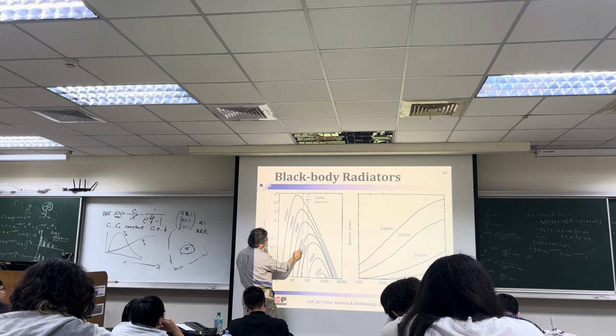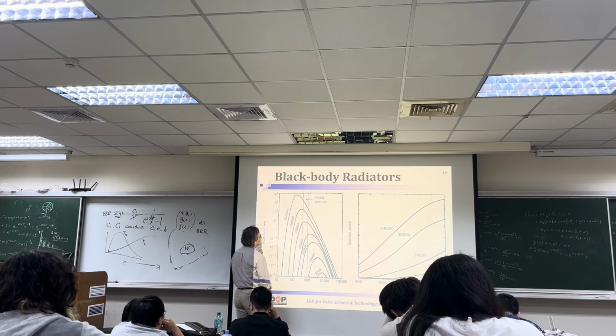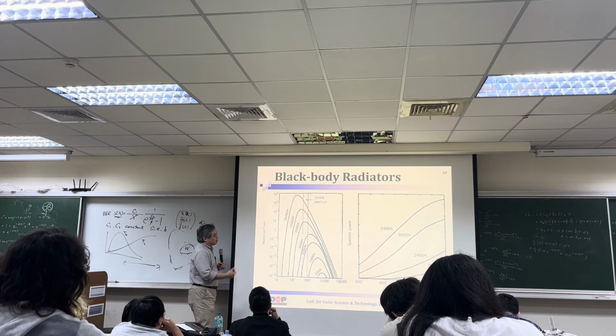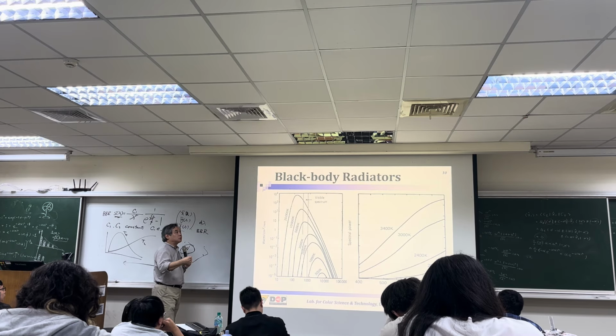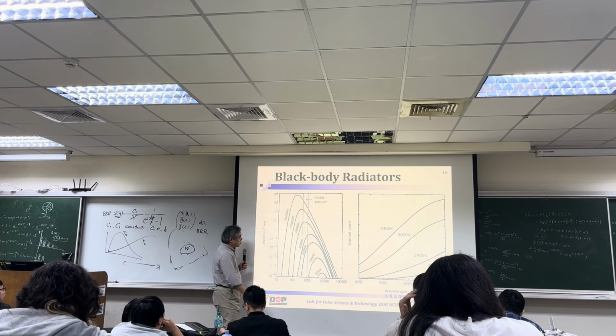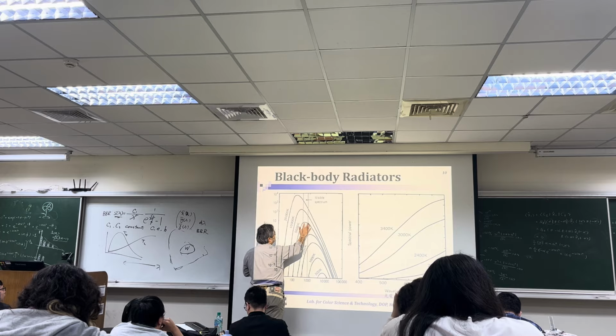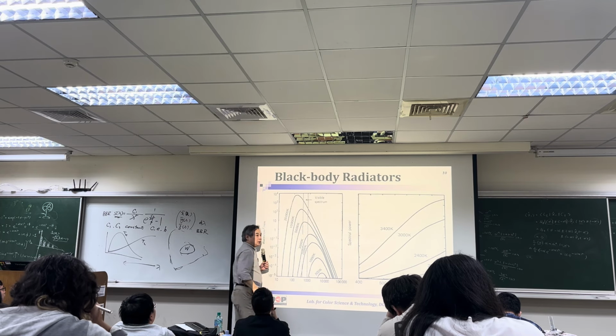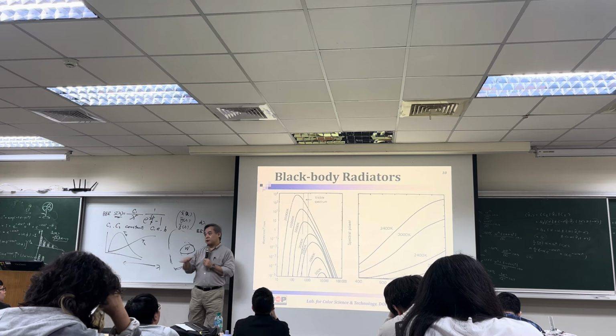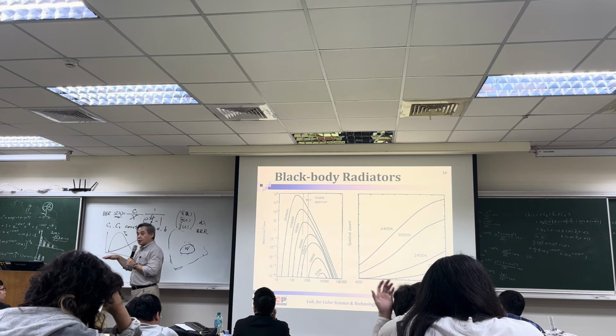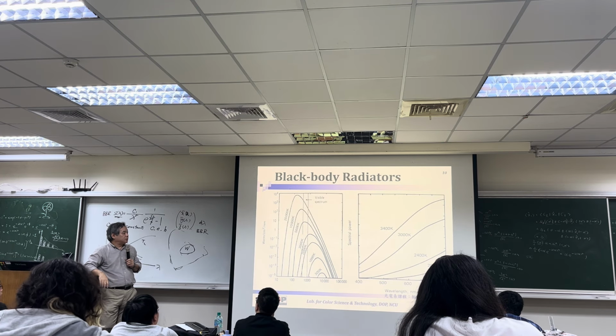And when it comes to 5,000 or between 5,000 to 7,000 K, the peak just comes into our visible band. So we will see more like equal energy within our visible band.